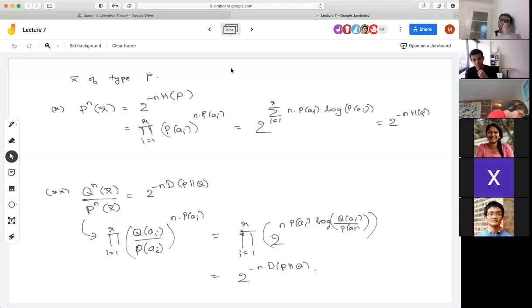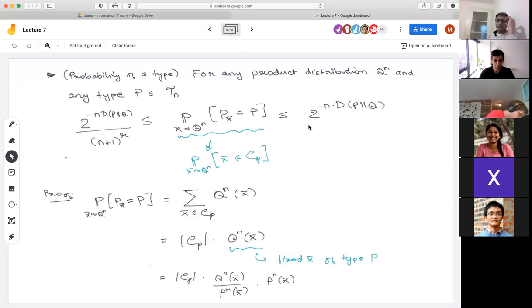Okay, and let's just check that this proves the theorem we wanted. Maybe going back here. We proved bounds on both these quantities, so let's plug that in.